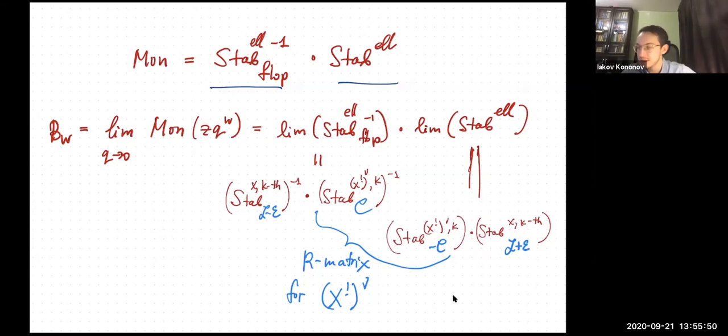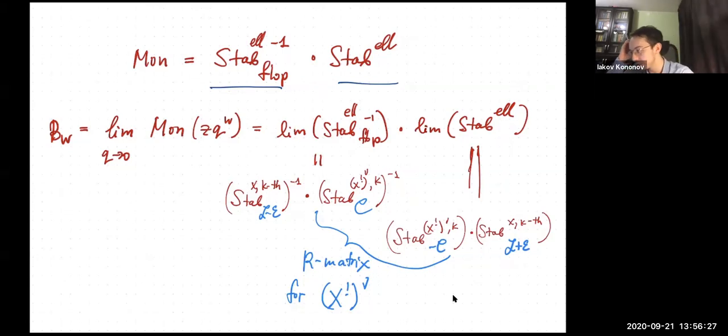So let's consider such a limit. One stable envelope factorizes into two stable envelopes. At the right hand side, it corresponds to stable envelopes of the opposite chamber of X dual, the stable envelope of the fixed subvariety of X dual, and the stable envelope of X in K-theory with slope L plus epsilon.